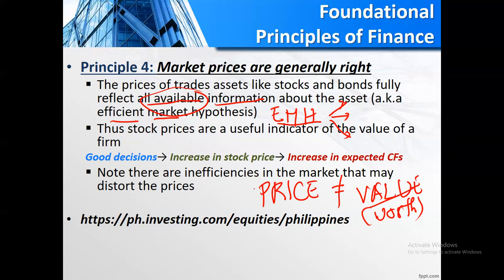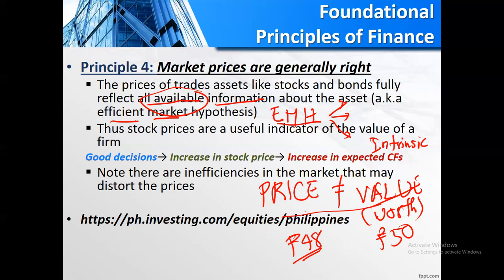So sometimes there's a mismatch between these, and this is what investors work on. So for example, if they computed the intrinsic value, kunyari, the intrinsic value is 50 pesos. So they were able to compute using valuation methods, and they found out that the worth of the asset is 50 pesos, and the stock is selling at 48 pesos per share.